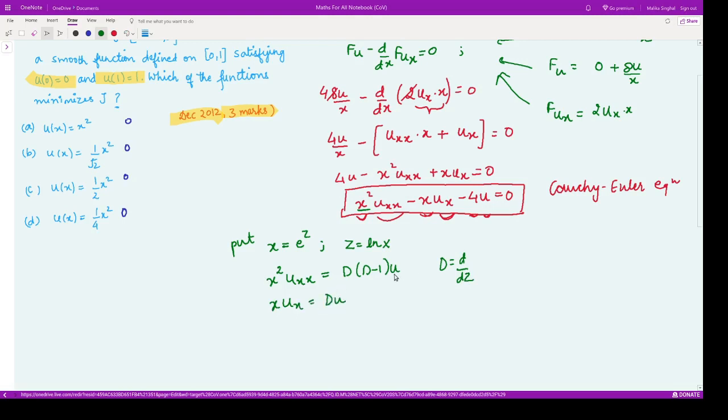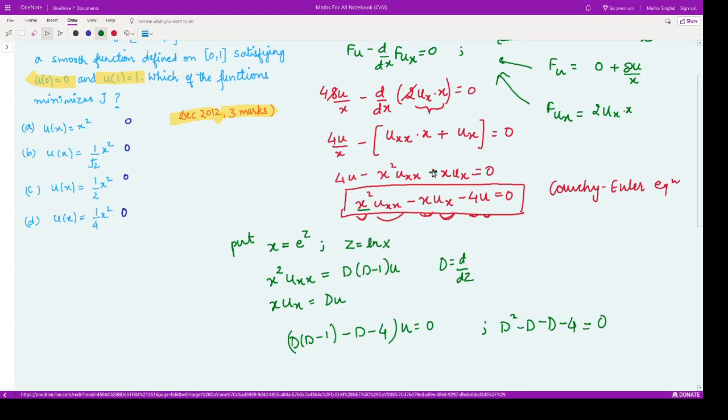So let me put these values into this equation. So I have D(D minus 1) minus D minus 4, into u is equal to 0.